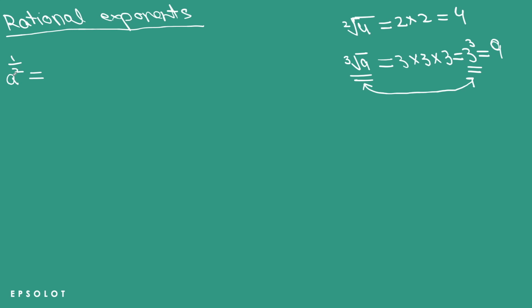Coming back to a rational exponent, this can be rewritten as a with a square root. Did you notice what we did here? The denominator of my exponent became the root, and the numerator is just the power, but more on that later.